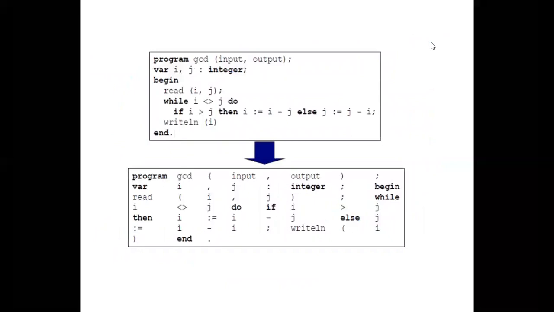So this is another example. This is a program in some language. What you see here are your lexemes. These are not tokens, these are lexemes. From here you can now get your tokens.